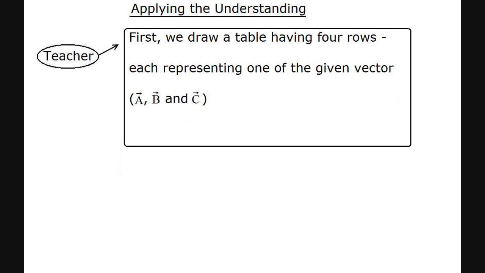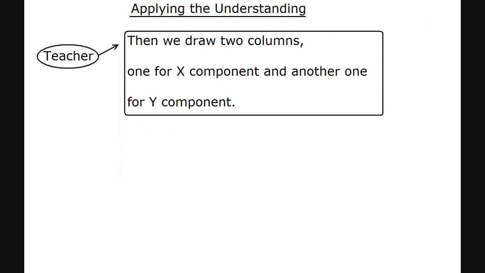First, we draw a table having 4 rows, each representing one of the given vectors, A bar, B bar, and C bar, and the last one for the resultant vector, R bar. Then we draw 2 columns, one for the x component and another one for the y component.